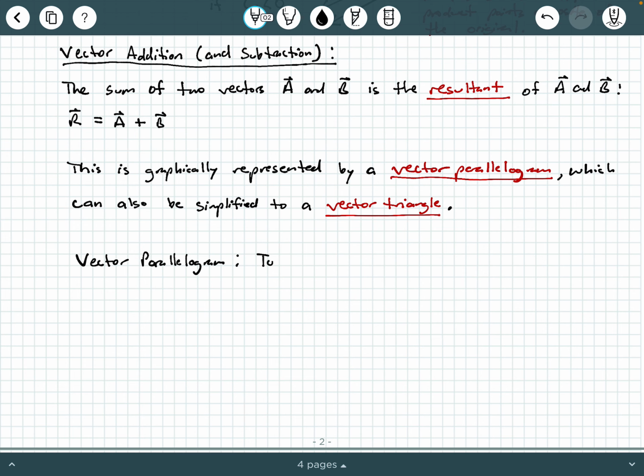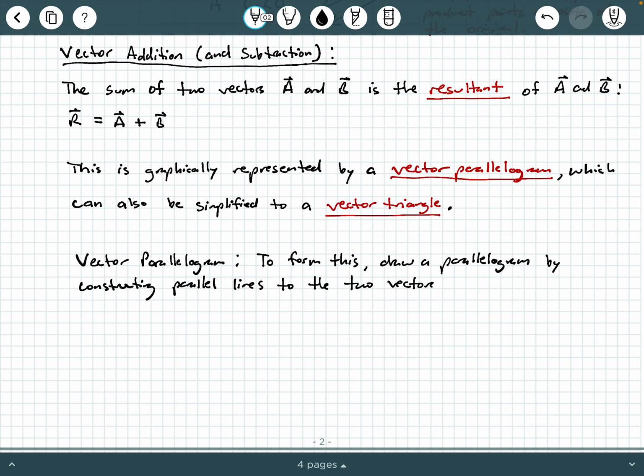To form this, we draw a parallelogram by constructing parallel lines to the two vectors, A and B, being added.